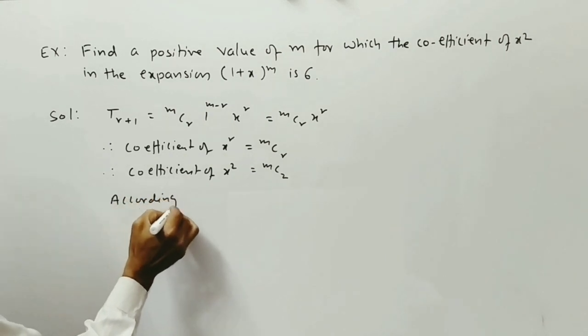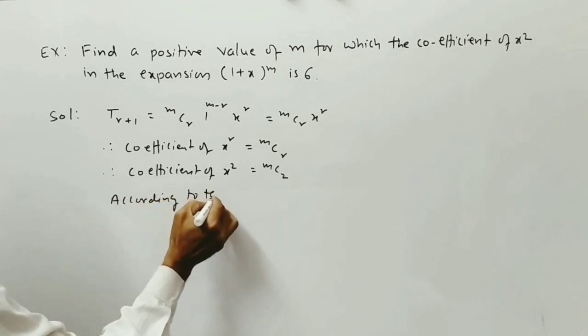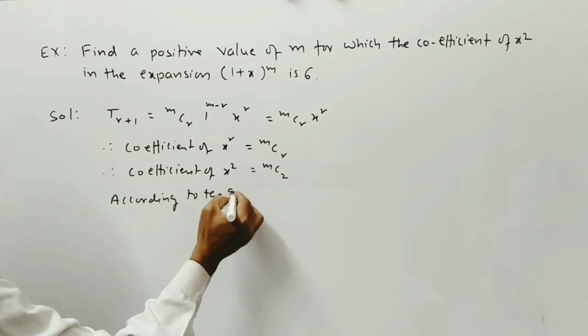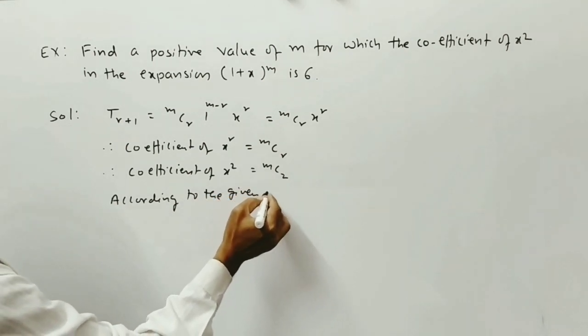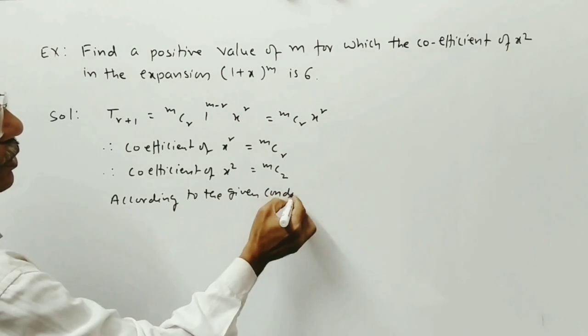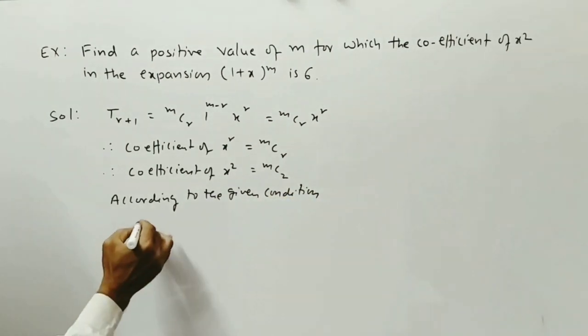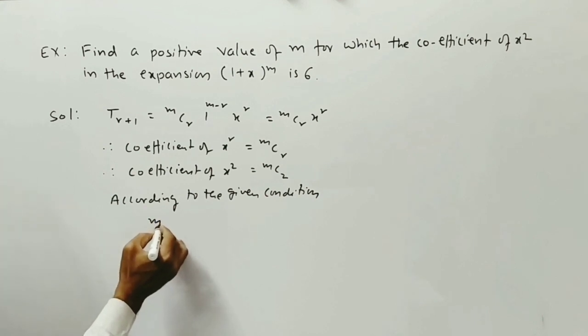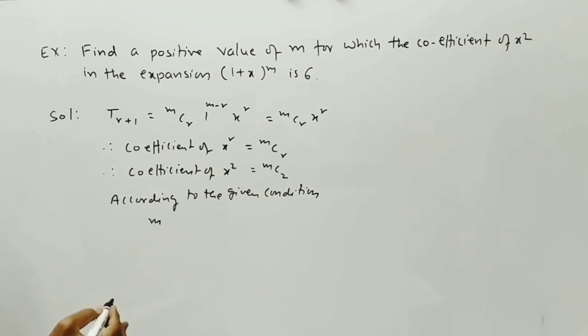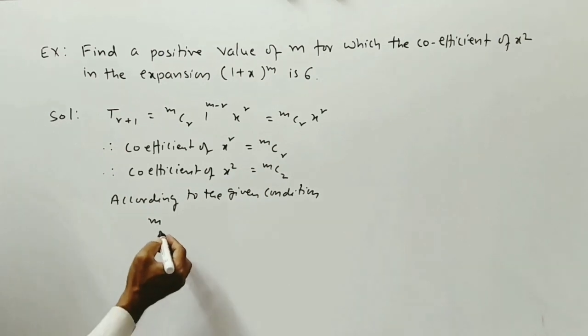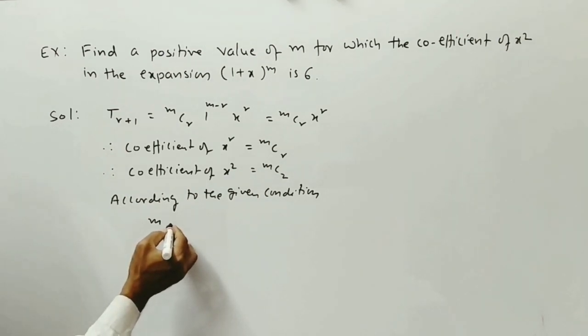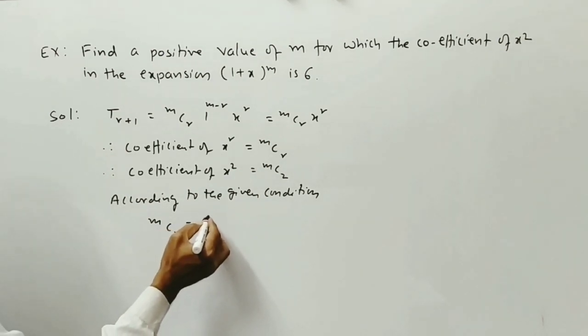According to the given condition, coefficient of x square in the expansion of (1 plus x) whole raised to power m is 6. So m c 2 is equal to 6.